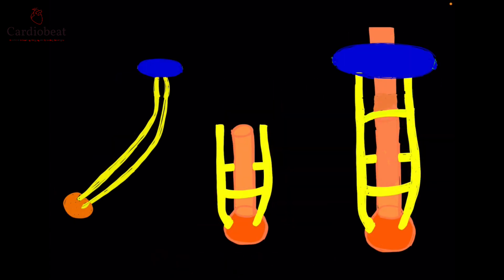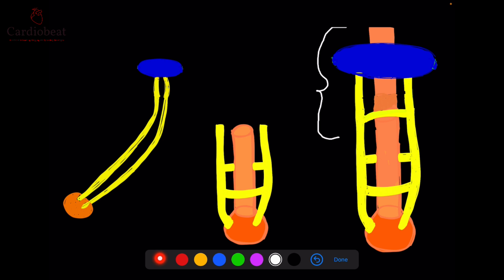So far, we were discussing the middle as well as the distal portion of the vitelline venous system. Now we will look into a larger picture which also includes the proximal portion of the vitelline veins. So this was the middle and the distal portion, and above this we have the proximal portion of the vitelline vein.